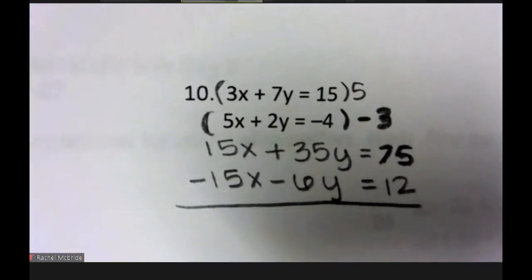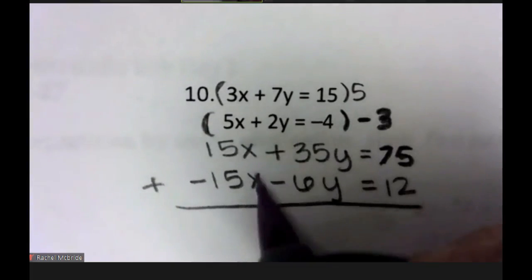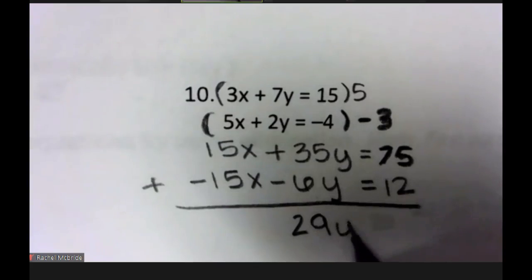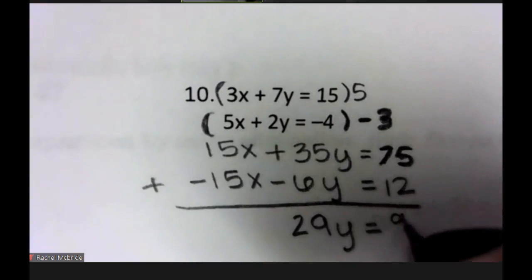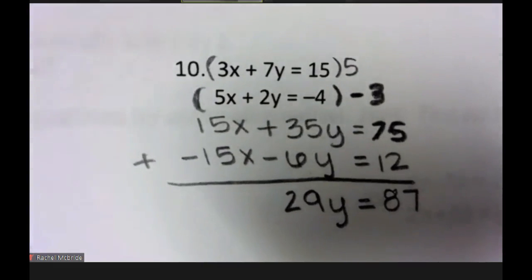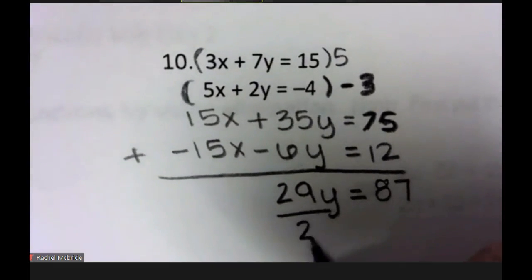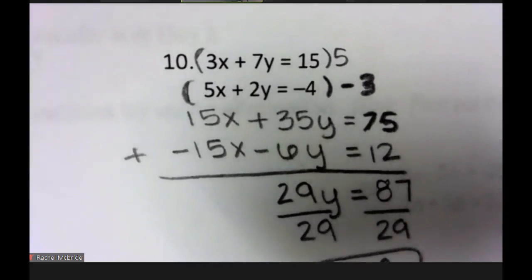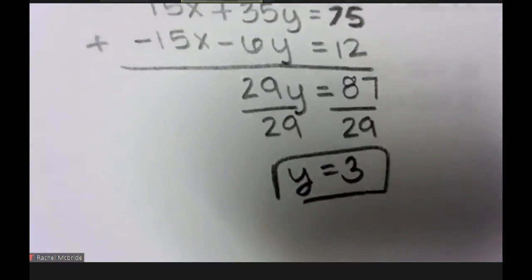Now I can add my two equations together. Divide by 29, and I get y equals 3.